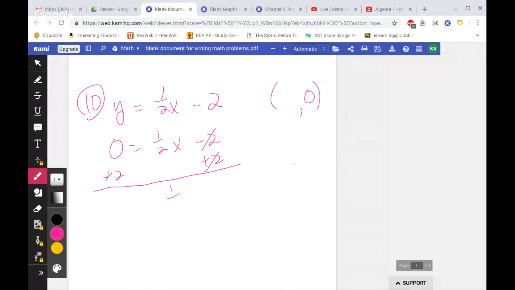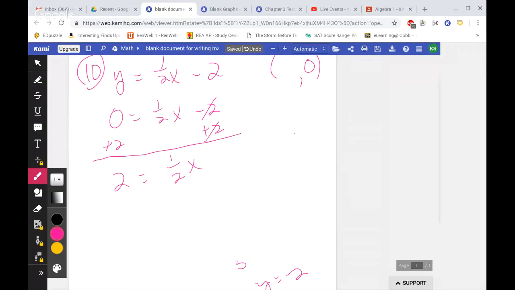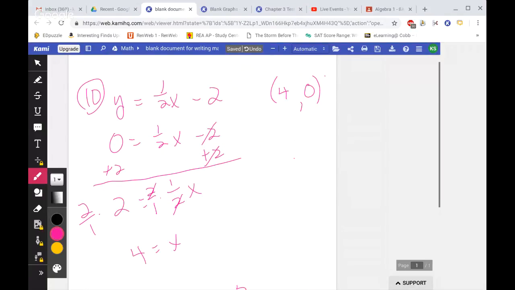And now we got 2 equals 1/2 x. To get clear of the fraction, you multiply both sides by the reciprocal of 1/2, which is 2. So 4 equals x. Sorry about that.